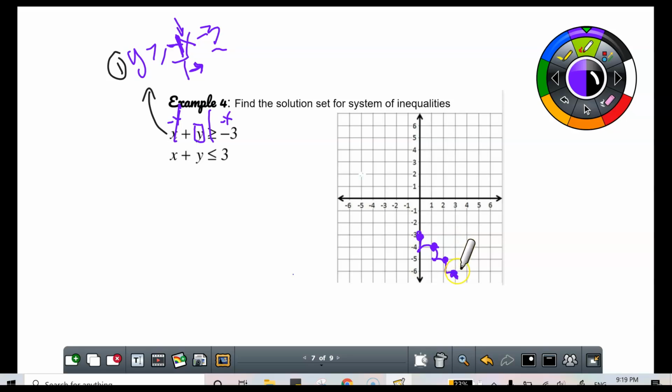On the other direction, you're going to do the opposite. So you're going to go up 1, go left 1, right? From the y-intercept in the opposite direction, up 1, left 1. Keep doing it until you reach the end of the coordinate plane.